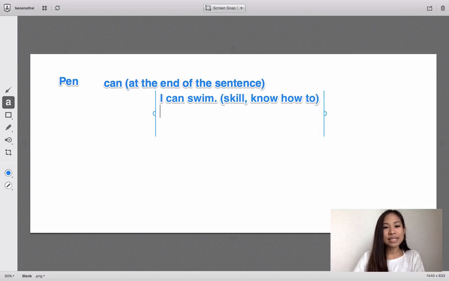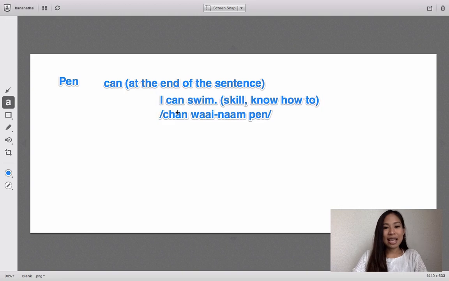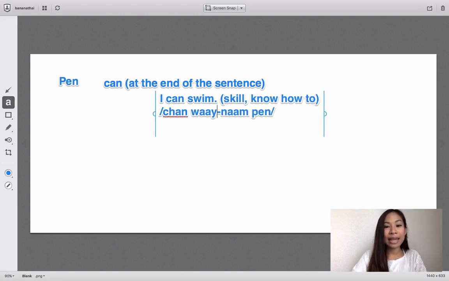So you would say ฉัน, or ผม for men, can swim. ว่ายน้ำ: น้ำ is water, ว่ายน้ำ is swim. Then เป็น: ฉันว่ายน้ำเป็น, I can swim or I know how to swim.